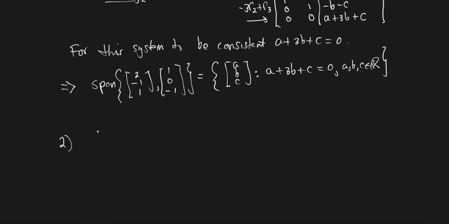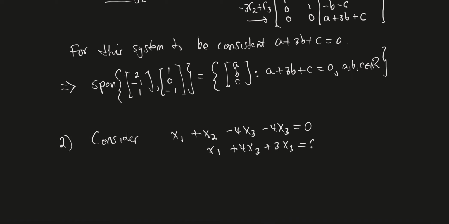So let's consider this system: x1 plus x2 minus 4x3 minus 4x4 is equal to 0, and then x1 plus 4x3 plus 3x3 is equal to 0.